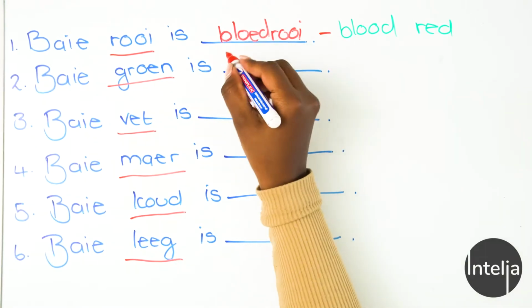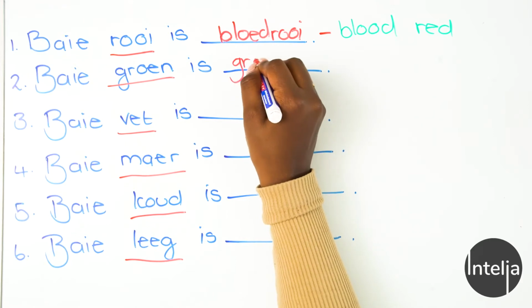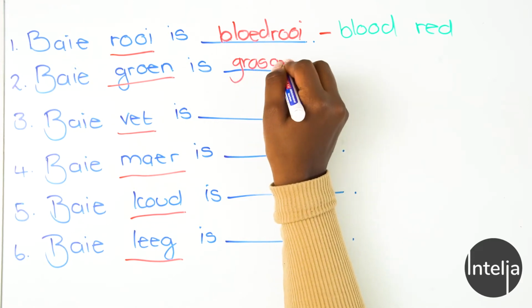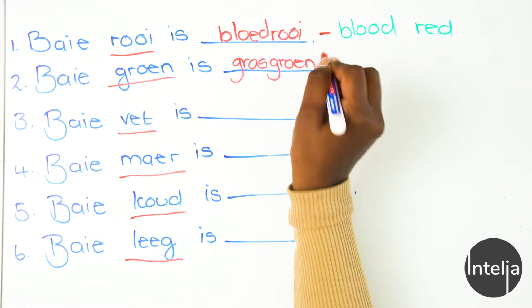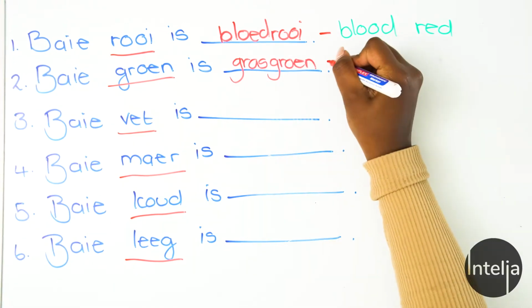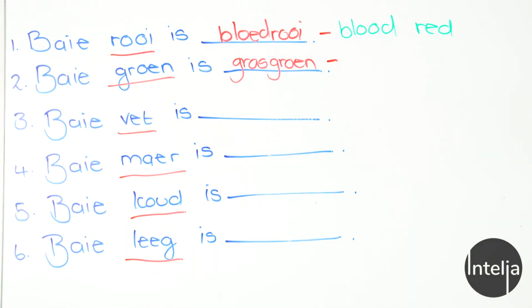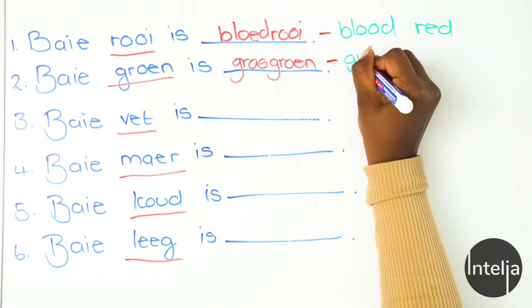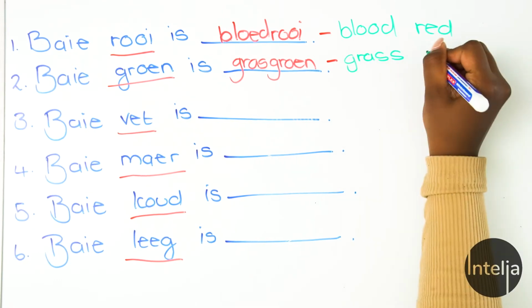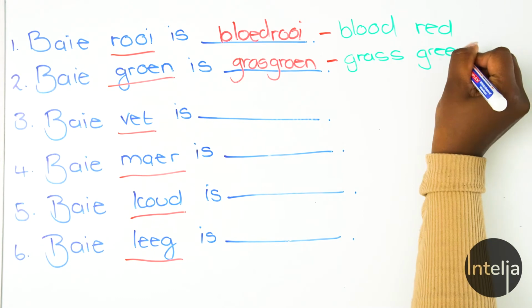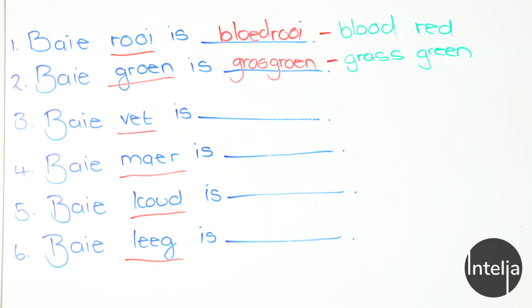We can say gras groen. And gras groen is grass green, as green as grass. I know that's like a simile, so that makes sense.